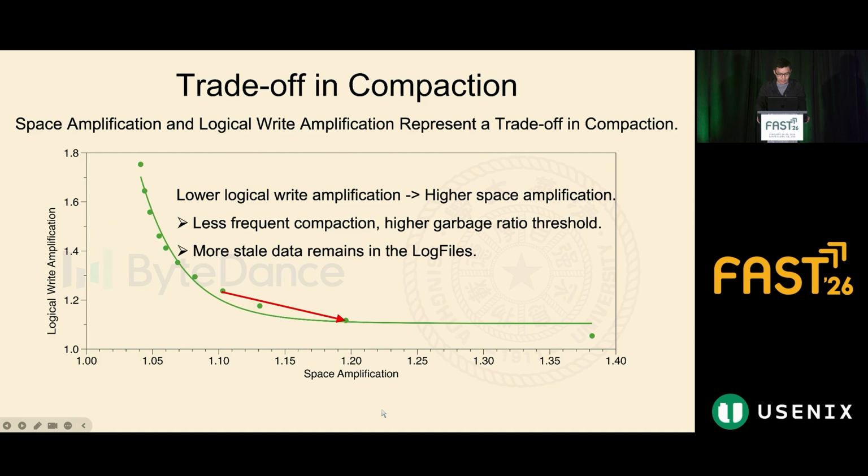On the opposite, lower logical write amplification results in higher space amplification because it needs less frequent compaction, a higher garbage ratio threshold, and more stale data remains in the log files.